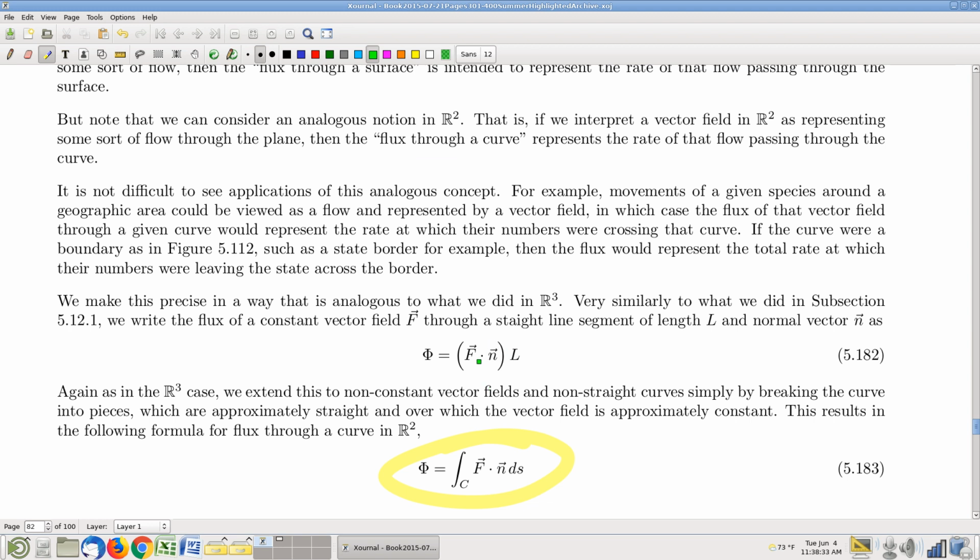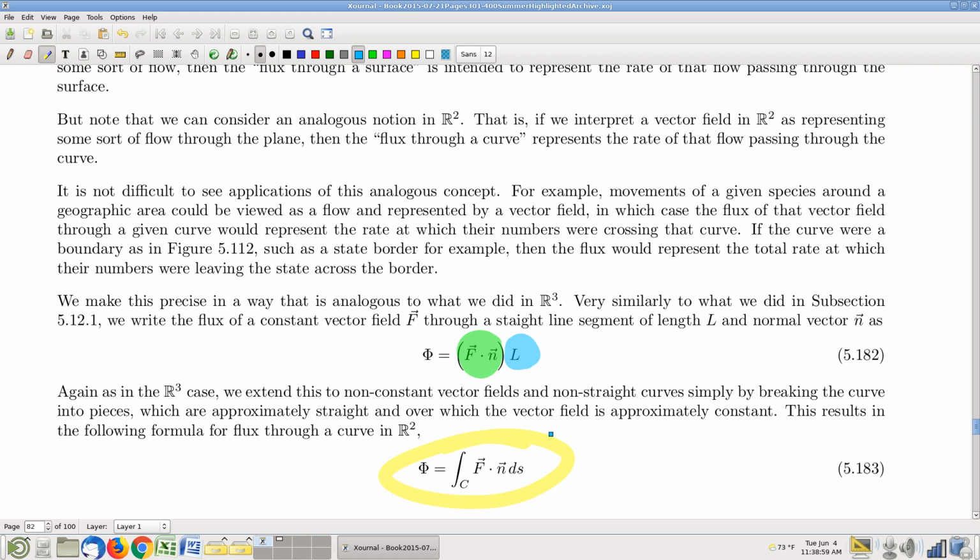Just like in the three-dimensional case, only the part that's actually perpendicular to the curve matters. To the extent that the fluid is flowing parallel to the curve, who cares? We're only interested in the fluid flowing perpendicular, and that multiplies by length to give you flux. Length instead of area. Again, dimensionally, just one dimension down.